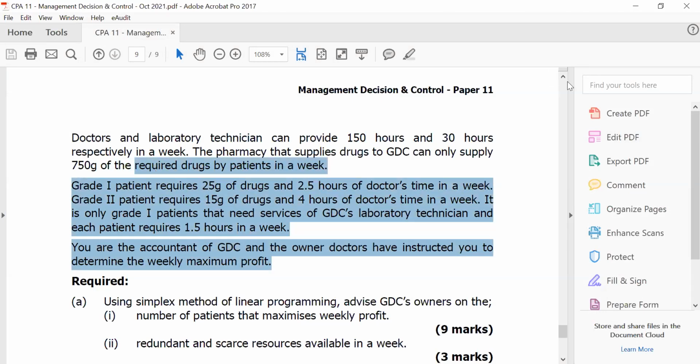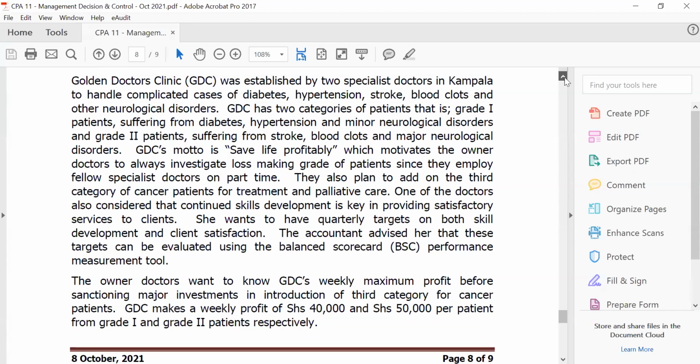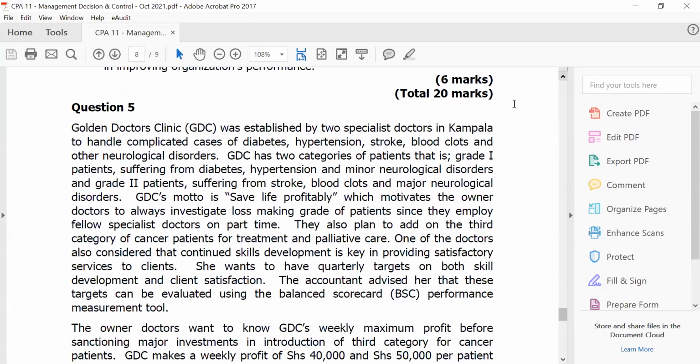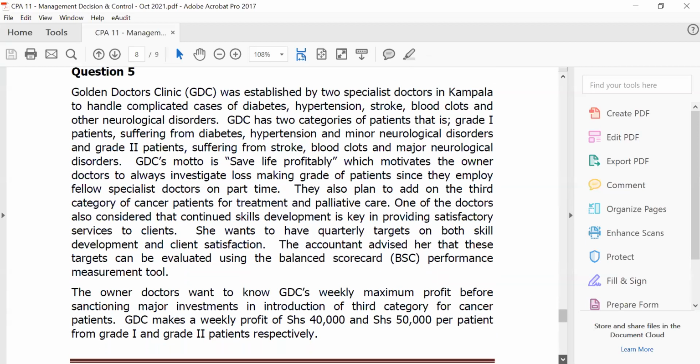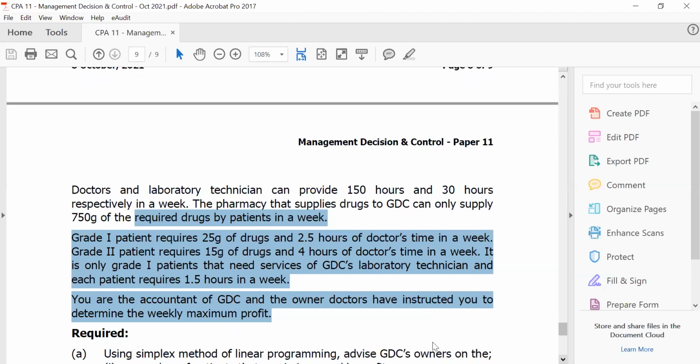For this question, we seem to have been able to utilize all the information that we need at hand. So we now go ahead and arrange our functions.